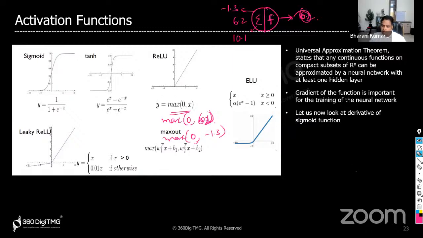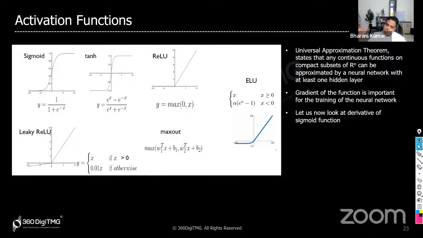But a few people thought negative values also make sense. If negative values also make sense, then why can't we give some weightage to the negative values? For example, here we are giving 10% or 1% weightage to the negative values.